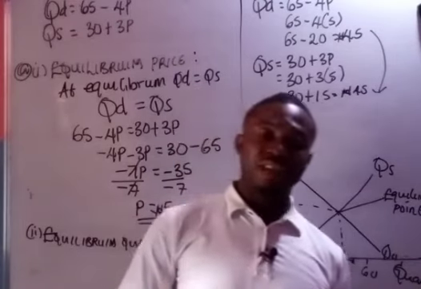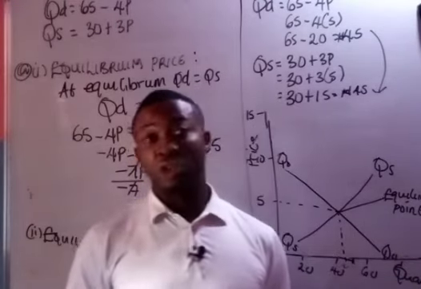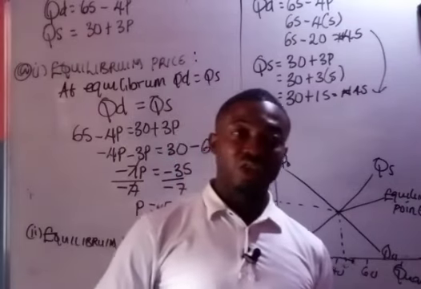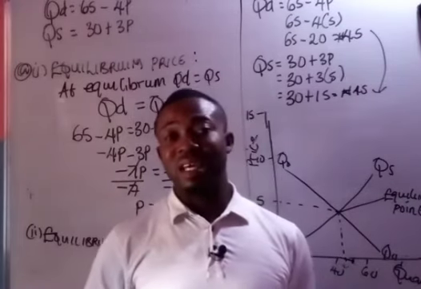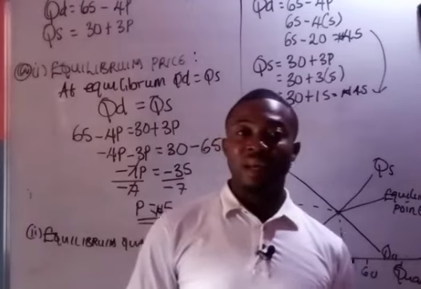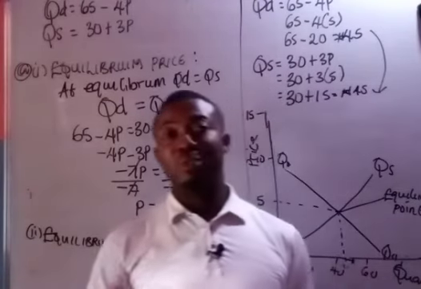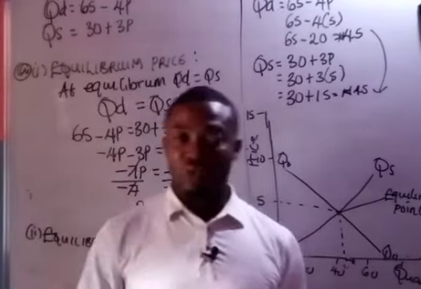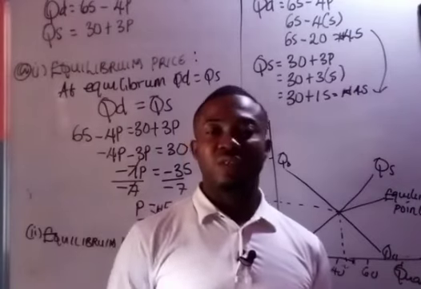But if there's low technology, it is the other way around. So advanced technology is also a factor that affects supply, because once there's machinery that helps in production of goods and services, it will definitely increase the supply.